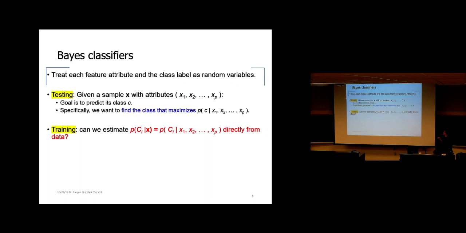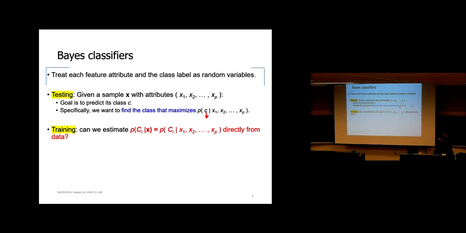And during the testing stage, how do you use it? When you're given a sample with specific attributes x1 onto xp, you find the class that maximizes the conditional probability P(c | x), where c belongs to C1 onto CL, so there are L different possible values.